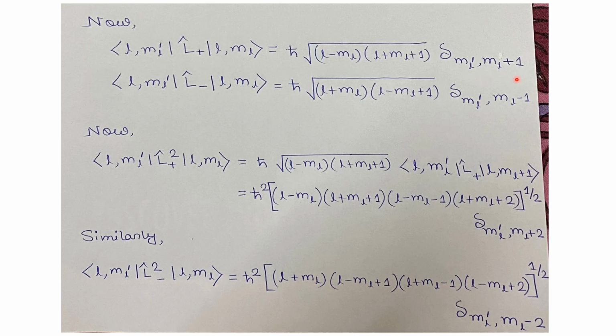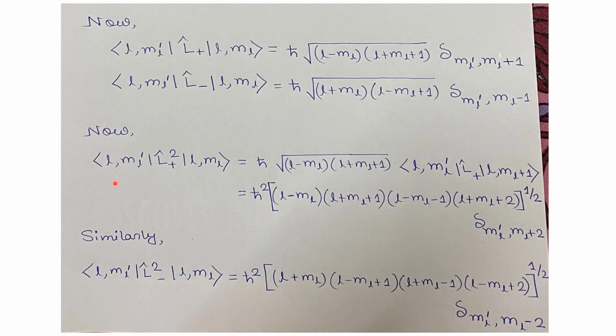So this value will be 1 when ml' equals ml plus 1, and it will be 0 when ml' is not equal to ml plus 1. Similarly, for this matrix element, the L- cap operator sandwiched between the two states <l, ml'| and |l, ml>, it will give h cut times root over (l plus ml) times (l minus ml plus 1) times the delta function of ml', ml minus 1.